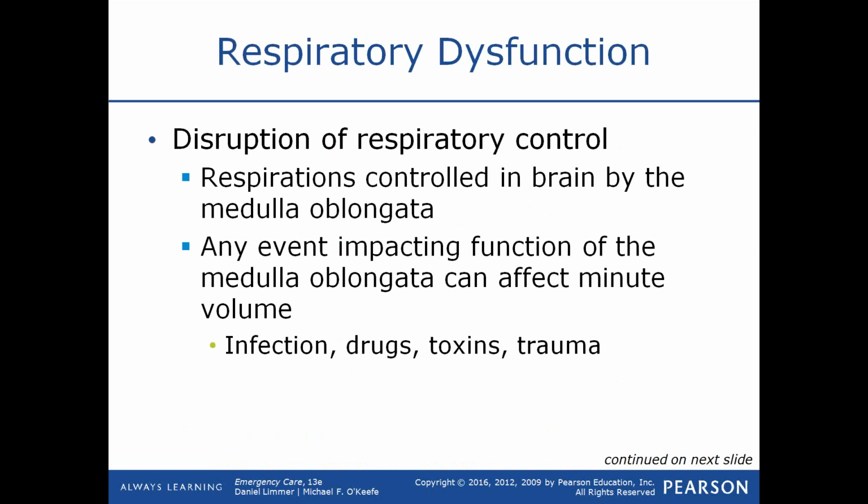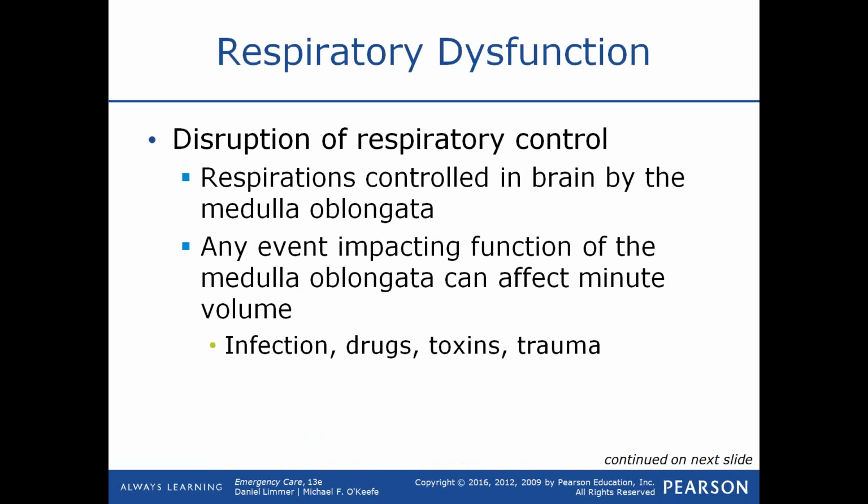Chemoreceptors, think of those as little dipsticks. They're constantly looking at the blood and analyzing the pH, the amount of oxygen in the blood, the amount of CO2 in the blood, and the amount of pressure in the system as well.